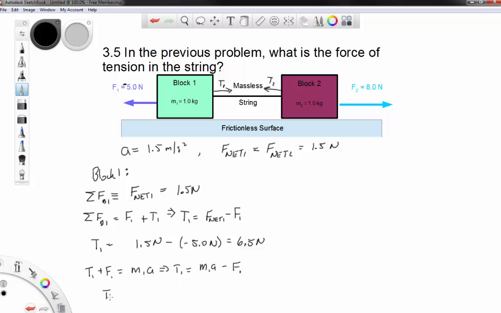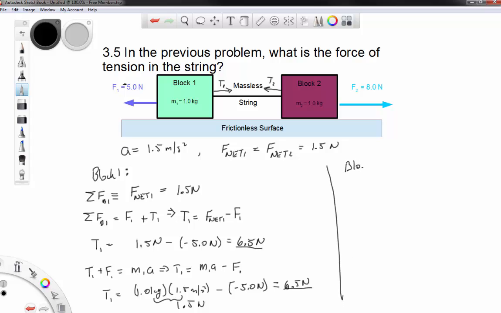So again T1 equals 1.0 kilogram times the acceleration, 1.5 meters per second squared, minus a negative 5.0 newtons. This right here is 1 times 1.5, so that's 1.5 newtons. Minus a negative 5 is the same as plus 5, so that is 6.5 newtons. So we've come up with the same answer both ways for T1.